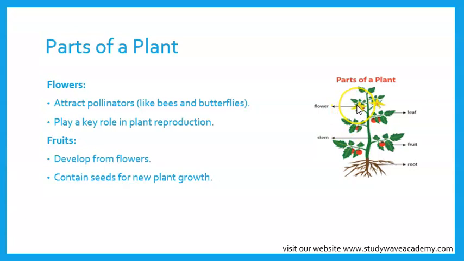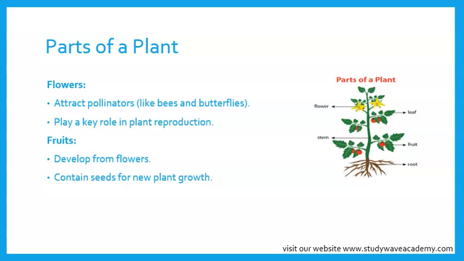Then the flowers attract bees and butterflies. They attract pollinators, okay? And help make seeds for new plants. Then we have the fruits. The fruits, they grow from the flower and they also have seeds inside for making more plants. Do we understand? Good.